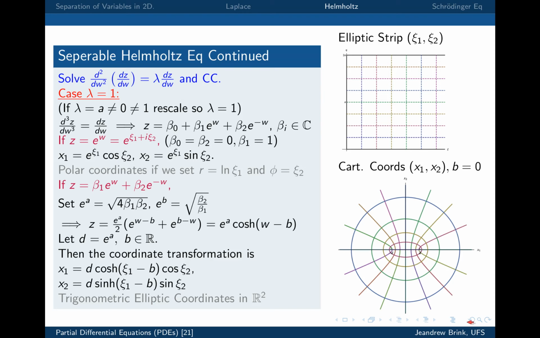ellipses, right, in the circles, and hyperbola in the other direction. So, for example, if you pick a certain line here, say where c2 is equal to, say, for example, that line over there, right? c2 remains constant, so you've effectively chosen a constant angle, and then you have c1 varying.